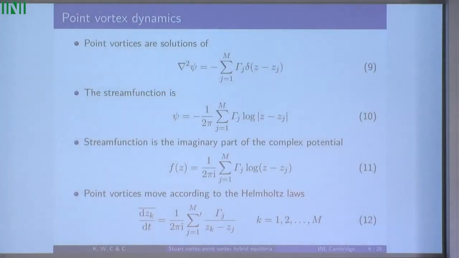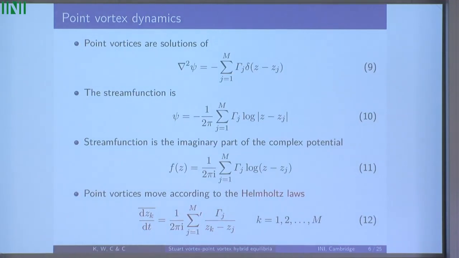The point vortices, being solutions of the unsteady vorticity equation, have a dynamics. The stream function is logarithmic, obviously, and there's a complex potential that you can define, and the stream function is the imaginary part of the complex potential. This is, as we all know, potential flow, and the motion of the point vortices is governed by these Helmholtz laws.